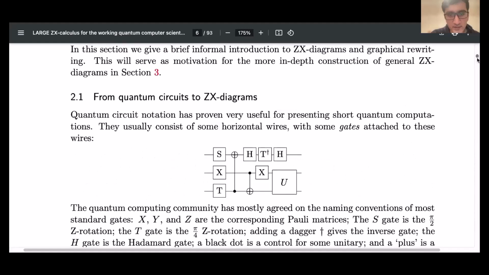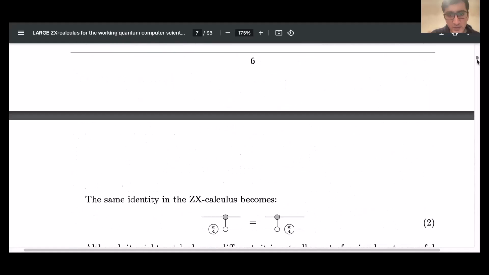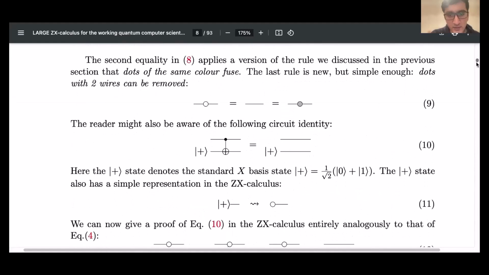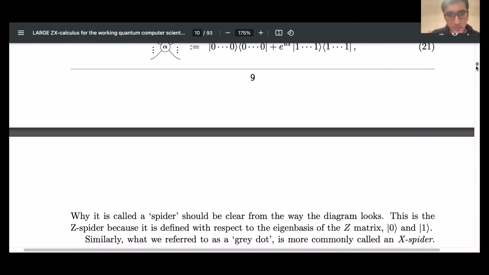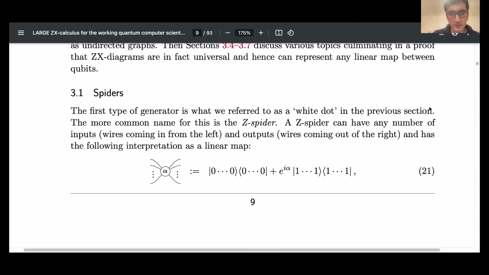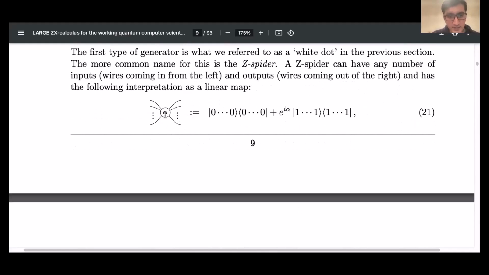If you want to know how these spiders are related to the traditional notation, let me show you some examples. This is a white spider, which corresponds to the green spider that we have seen, and this is how it is interpreted in the traditional notation.